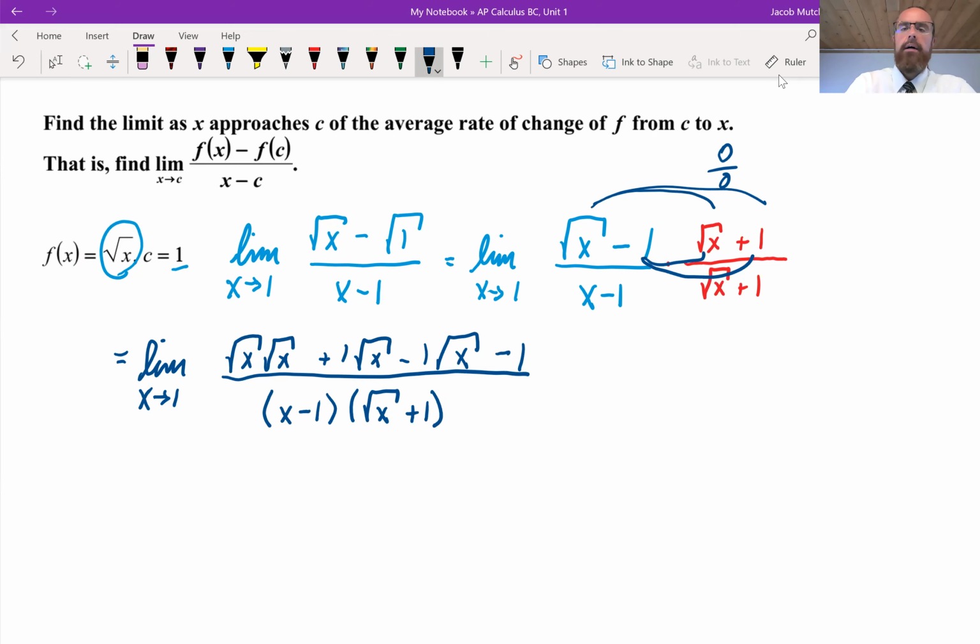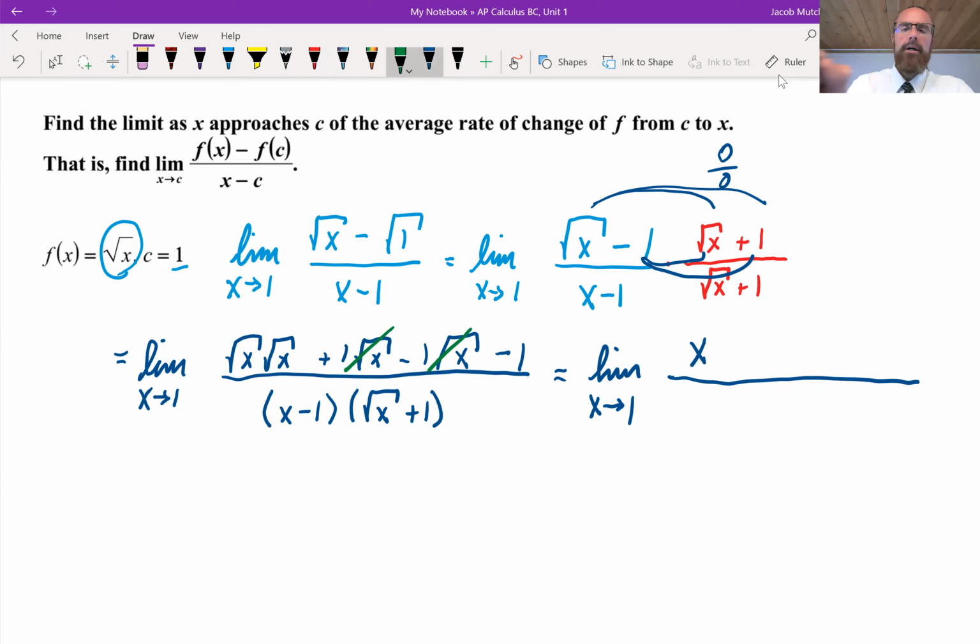Let's see how that simplifies at that point. So now it's got the limit as x approaches 1. Square root of x times square root of x is going to be just x. My middle terms cancel out because they're the same, but they have opposite signs.